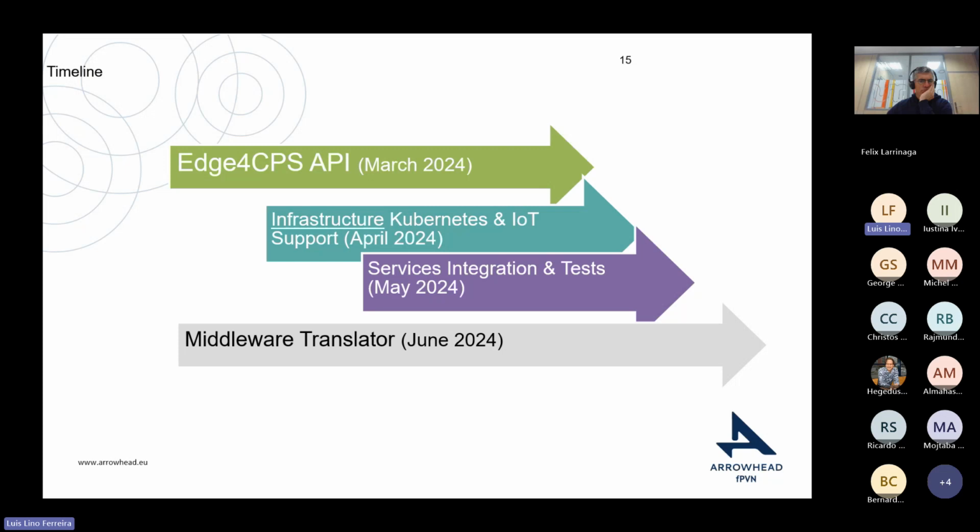Then the infrastructure of Kubernetes and IoT, there are a few things that need to be worked on here, like installing services in Arduino platforms, for instance, and then a set of integration and tests by May 2024. The middleware translator is already working with some limitations, but we hope to have an improved version by June 2024.